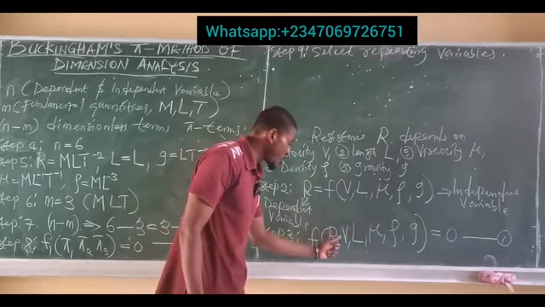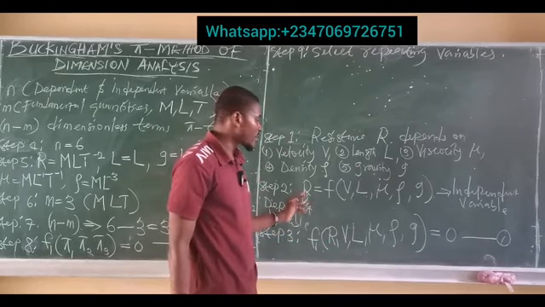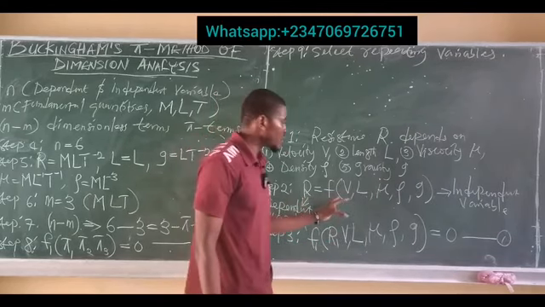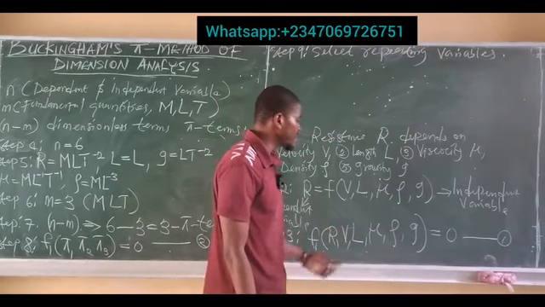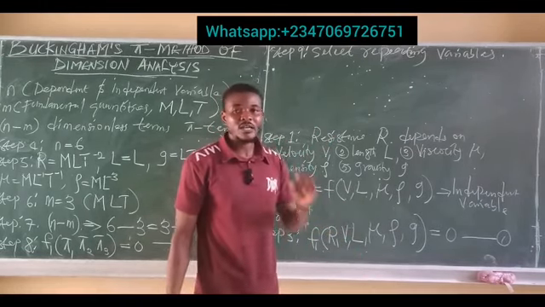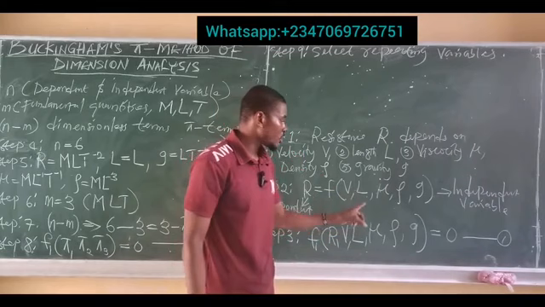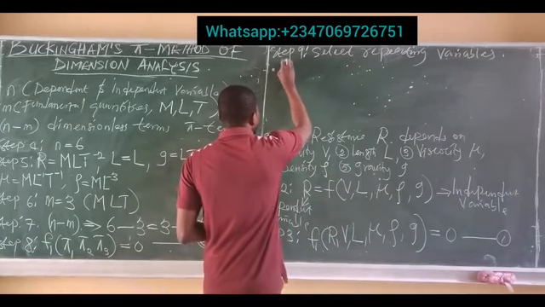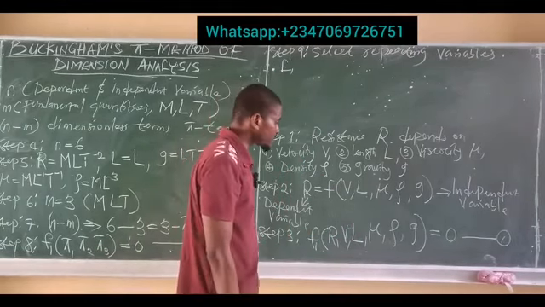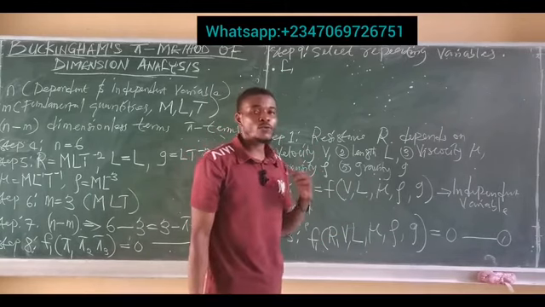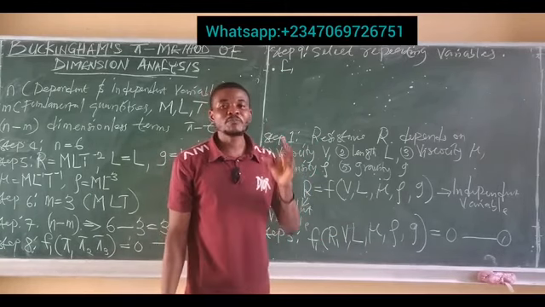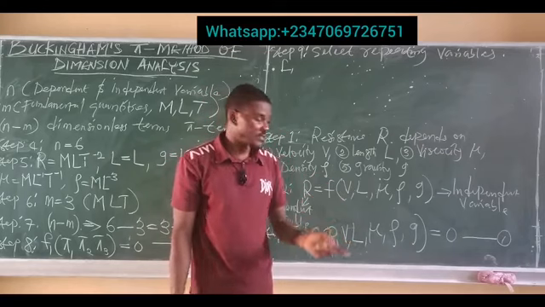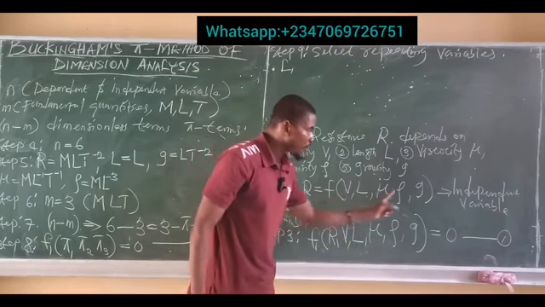So it is clear we are not going to consider R because R is a dependent variable. So let's consider the other 5 options. I said in terms of geometric property, always prefer the length. So length is here. We have length to be the first repeating variable. Then I said in terms of flow property, always prefer velocity ahead of every other flow property. So we have velocity here and we have gravity.